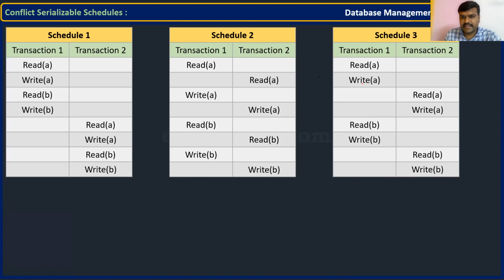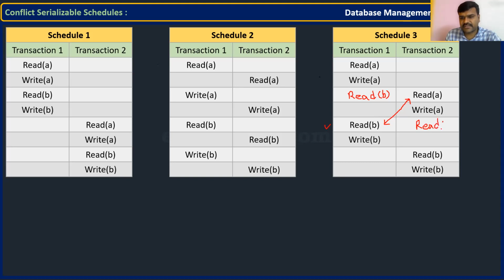here you can see in the definition, if you observe, swapping the operations. If I swap these two operations, is there any problem? No, right? Reading B value here or reading B value here is the same. So read A is coming to here.